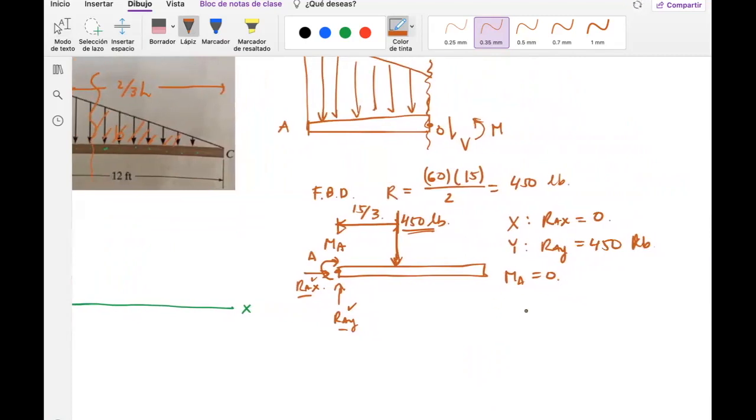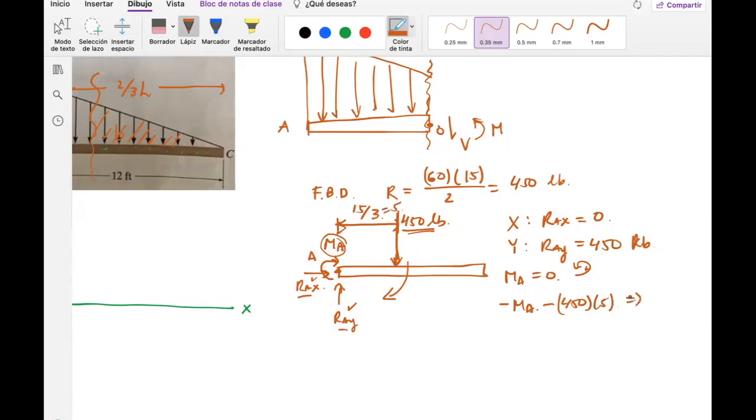Therefore, what I will have here is minus MA, minus because I will take this thing as positive, and I draw this one going backwards, so it's a minus MA. And then minus, because this force will try to move it like this, so it's again clockwise, and therefore this is minus 450 multiplied by 5, because this distance is equal to 5.